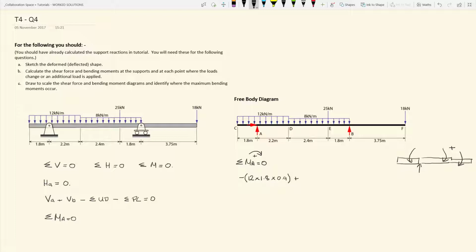So we've got plus 12 times 2.2, and again that's the magnitude of the load times the distance over which it acts times its lever arm, 1.1. Then we can consider the second UD load, so again it's positive, so it's plus 8 times 4.2, again that's the magnitude of the load times the distance over which it acts times its lever arm, that's 4.3 meters.